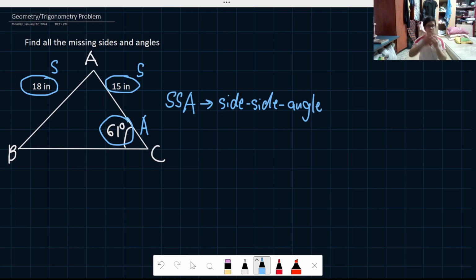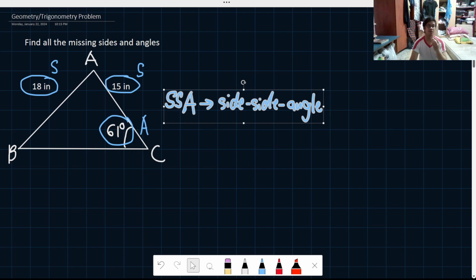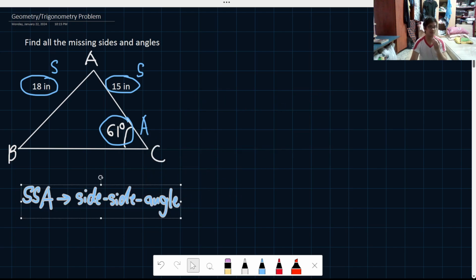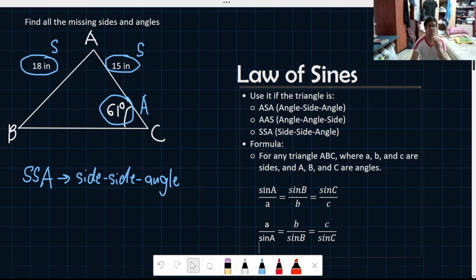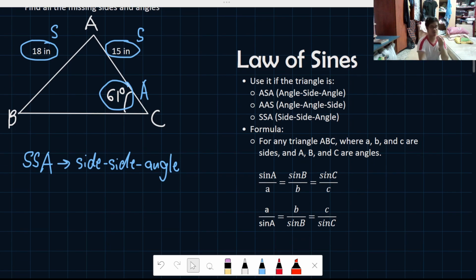So, okay, this is an SSA triangle. So what of it then? If this is an SSA triangle and your goal is to find all the missing sides and angles, then you're going to use one formula to solve this problem, which is the law of sines. We are going to use this.